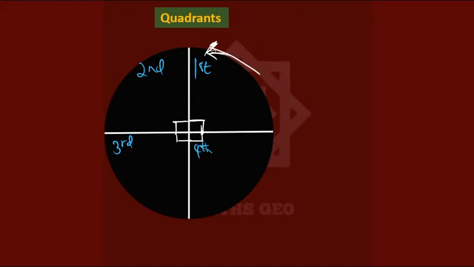So we should know that all the trig functions are positive in the first quadrant. In the first quadrant, whether sine, cosine, tan, sec, cosec, cot, they are all positive. And the angles will be between 0 and 90. So any angle within the range of 0 to 90 is in the first quadrant, while the second one is from 90 point something to 180, so 90 without including 90.